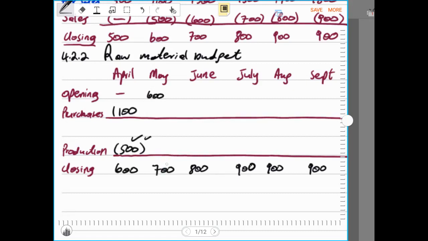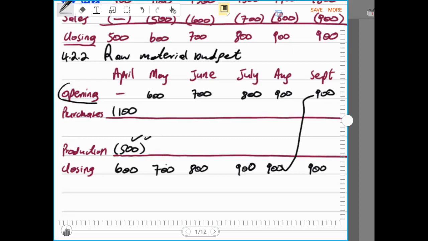And 700 will be the opening of the month of June, and we record 700 as the opening. And here again, closing of June will be opening of July, then we record that as opening of July, and closing of July will be opening of August, then that will be August 900, and this will also be 900, because this is the closing of August becoming opening of September.